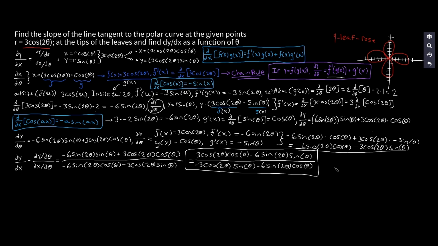This happens when theta equals 0, pi over 2, pi, 3 pi over 2.